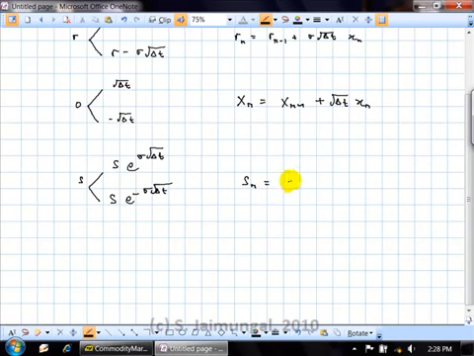Suppose I took S0 times the exponential of X at time n, big X at time n. Are you convinced that that would give me the same result as this tree? Oh, sorry, there's a sigma missing there, isn't there? There we go. And in terms of the r, we could also write r0 plus sigma X n.